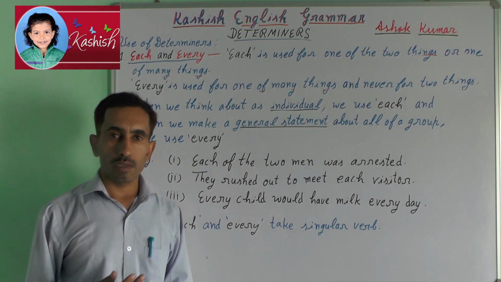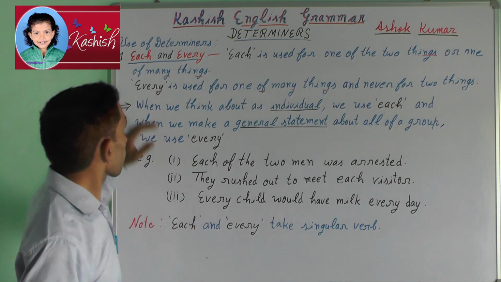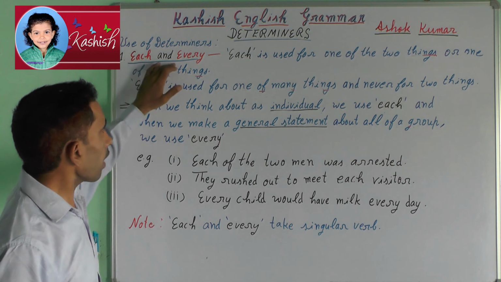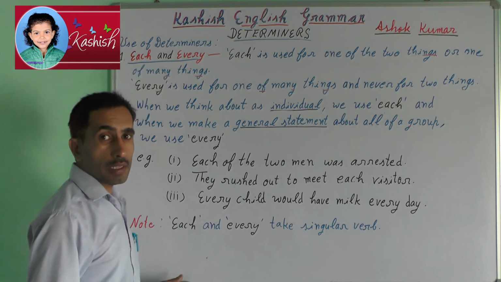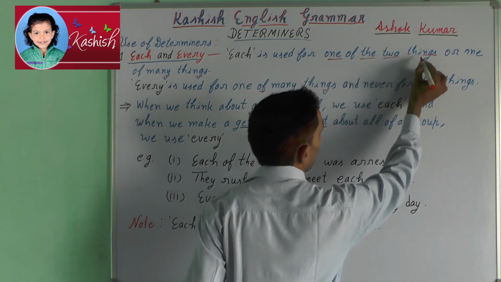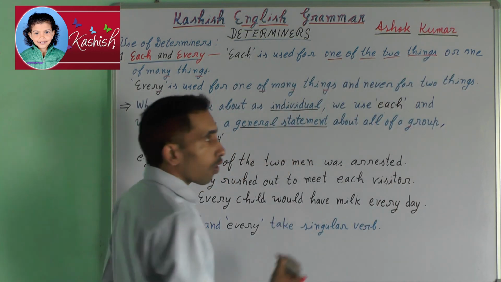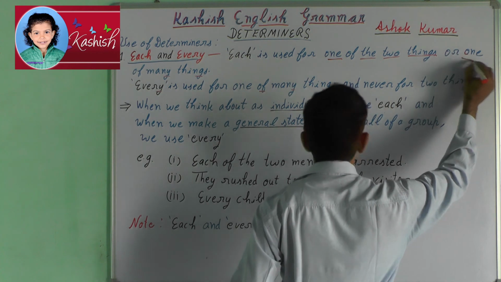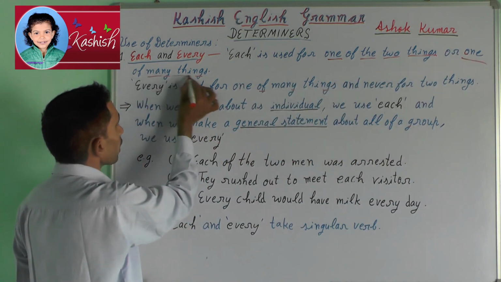Use of determinants. Each and every. Each is used for one of the two things or one of many things.